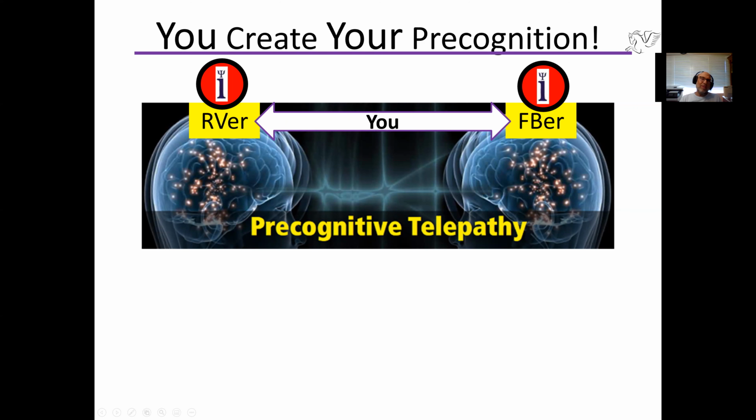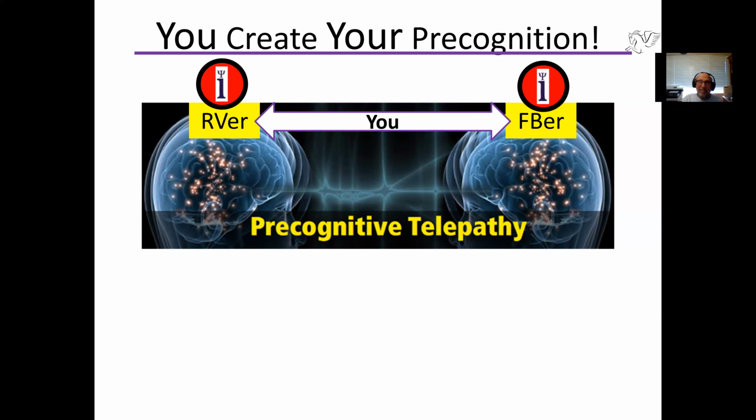Now, in really big picture summary here, it's you who create your precognition. That's what's so marvelous about ARV. It really is all about you. You're the RVer. You're the feedbacker.